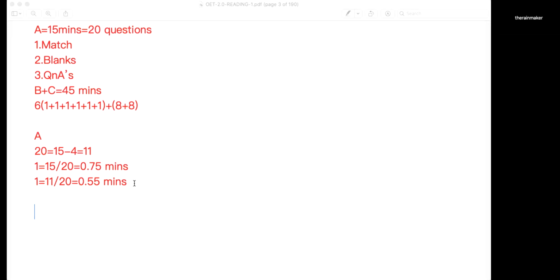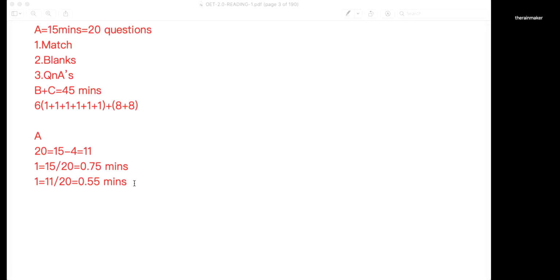And part C will be a long, long, long extract, and there'll be 8 questions related to one extract, and once you finish attempting those 8, you'll proceed with another 8, and its respective extract or text, right? So part C, 8 plus 8. 8 questions related to one text or extract, another 8 related to another text and extract. Remember this.